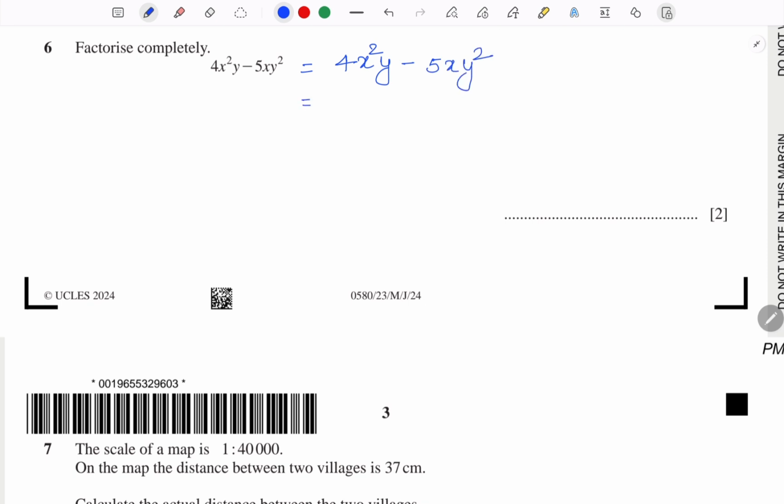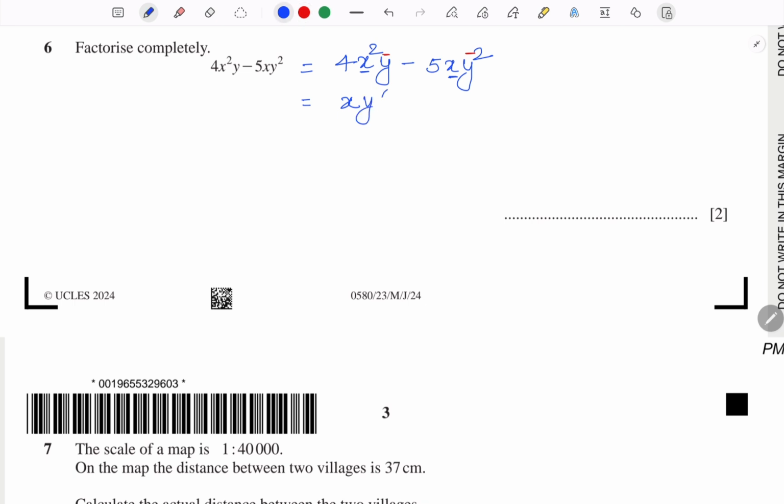Let's see what we can factor out from these two terms. Here I have x squared and here I have x, so I can factor out x. Here I have y and here I have y squared, so again I can very easily factor out y.